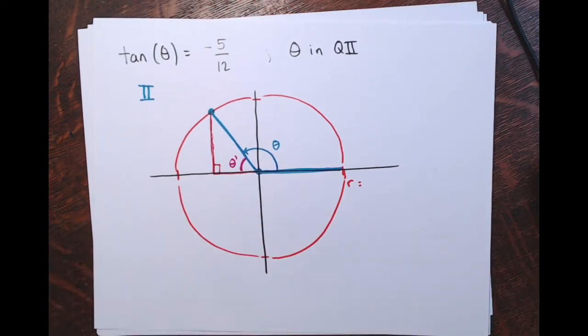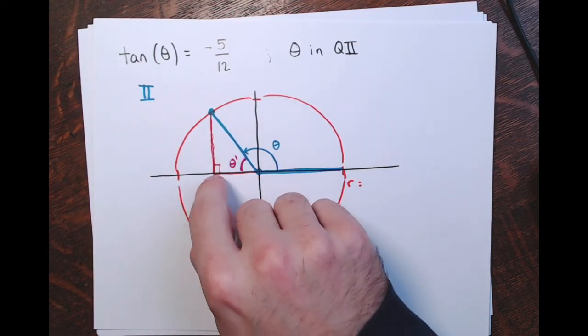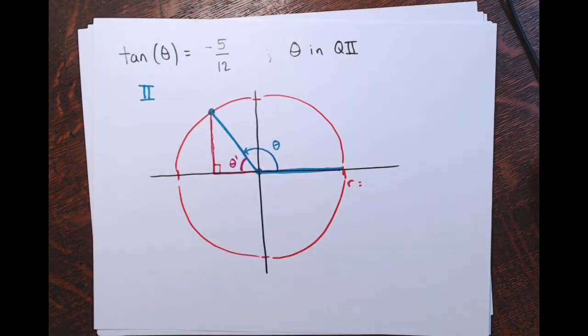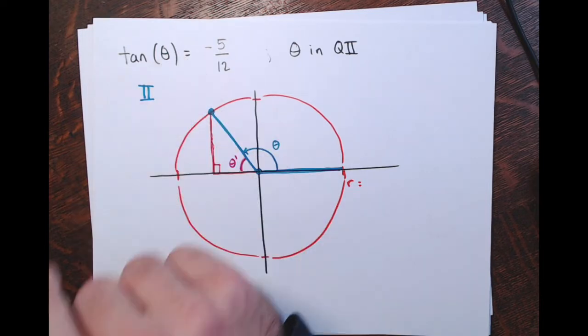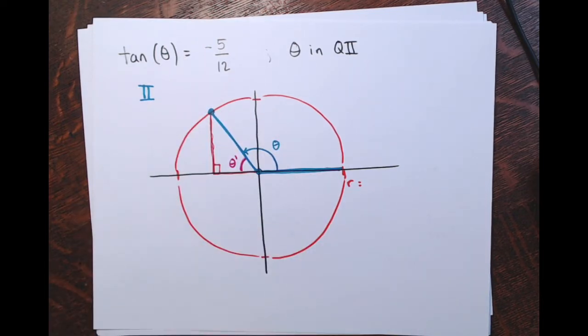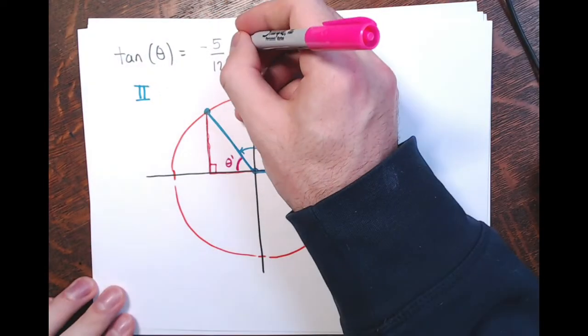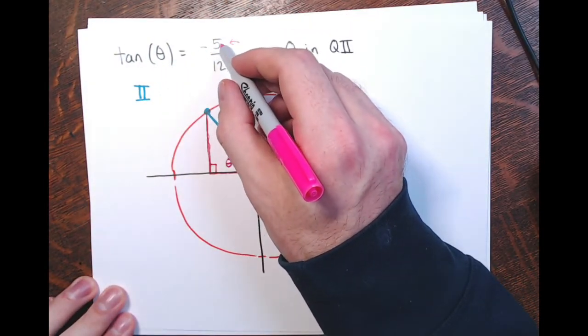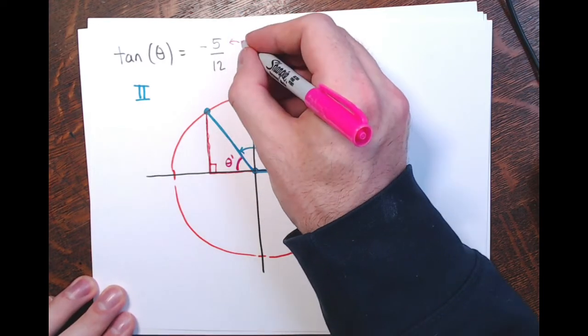Looking at this right triangle with the reference angle in it, I'm going to label the side lengths, and we'll find the coordinates of this point and the radius using the information I was given. Now, this is the tangent. Remember, tangent of an angle in a right triangle, the numerator is the opposite side.